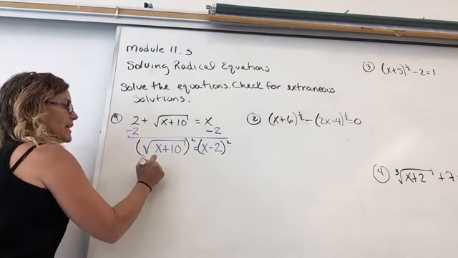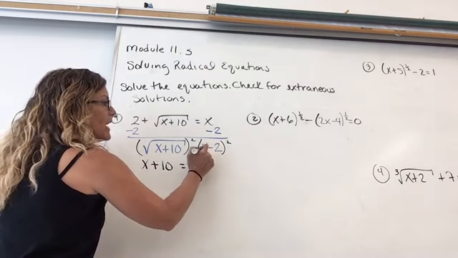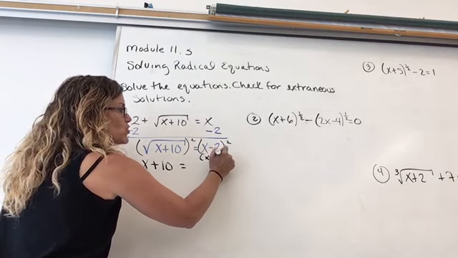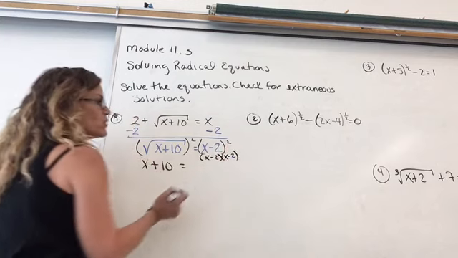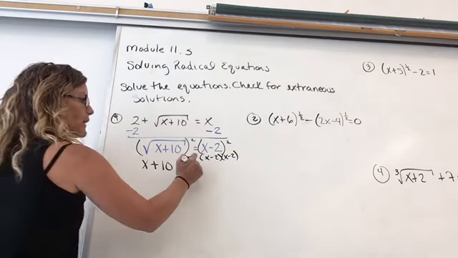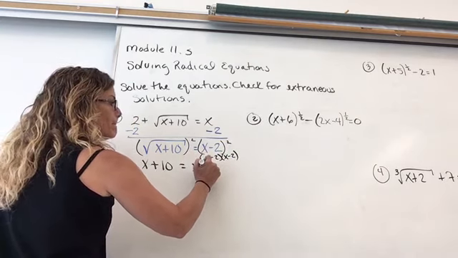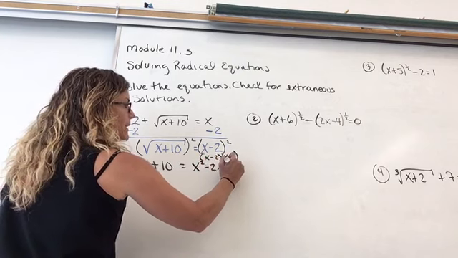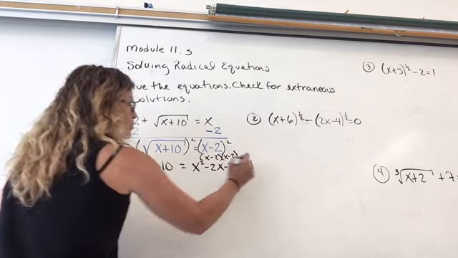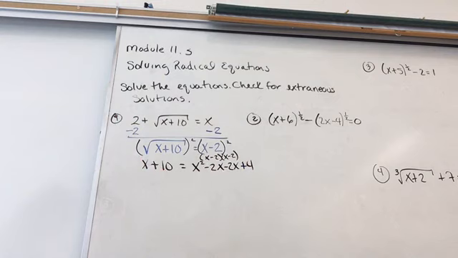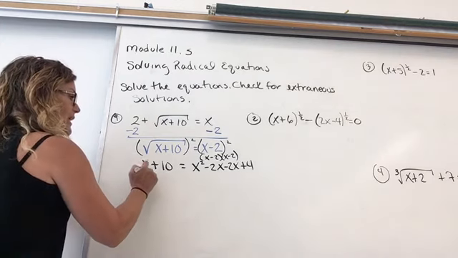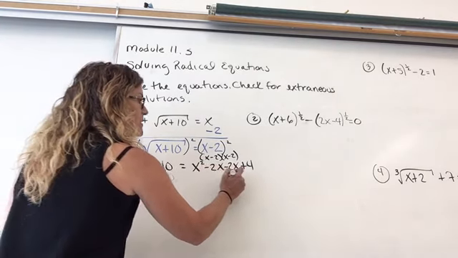Here, this is easy. I get x plus 10. Over here, I need to remember x minus 2 times x minus 2 is what that means. So when I FOIL that out, I get x squared minus 2x minus 2x plus 4. Now, since it is a quadratic, I need to set it equal to 0 by subtracting the x and the 10 from both sides.